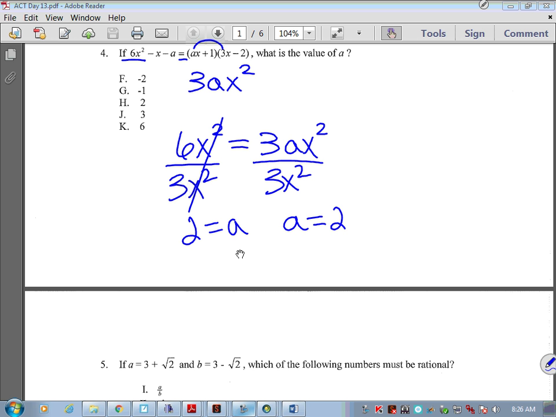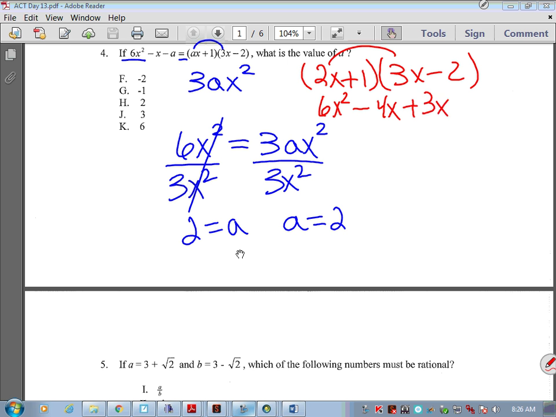And you could try this after we've plugged 2 in, right? So I would go in and I would test it if I had the time, okay? And let's do that. We'll do it with the red. Let's say 2x plus 1 times 3x minus 2. That's going to give me 6x squared, let's see, minus 4x plus 3x minus 2.